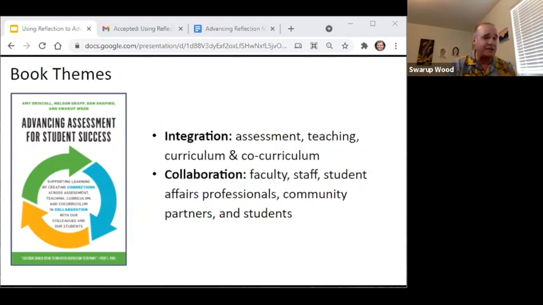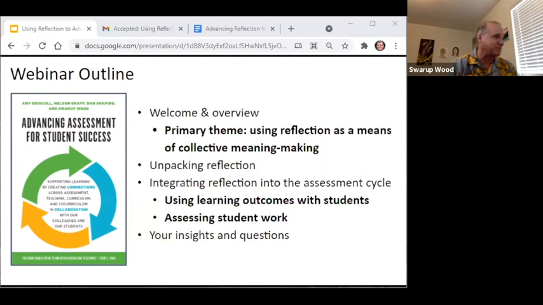A big theme for today is using reflection as a collective meaning-making practice. That's really embedded throughout all of our thinking today. We'll unpack reflection and then give examples of how to use it with students and faculty. And then we'll have time for your insights and questions.